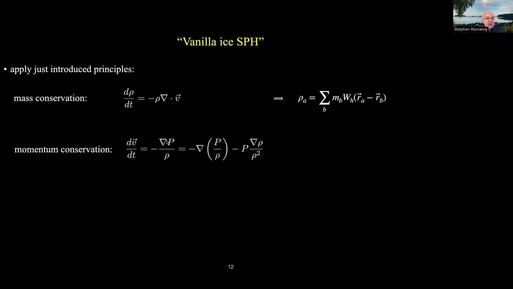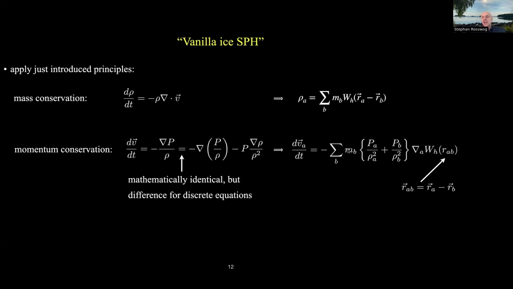You could start straightforwardly discretizing this minus gradient P over rho, but then you would find something which is not conservative. There is a simple trick: you replace this expression by one that is mathematically identical, but gives you a different discrete version. If you use this one here, then you find the discrete Euler equation in this way.